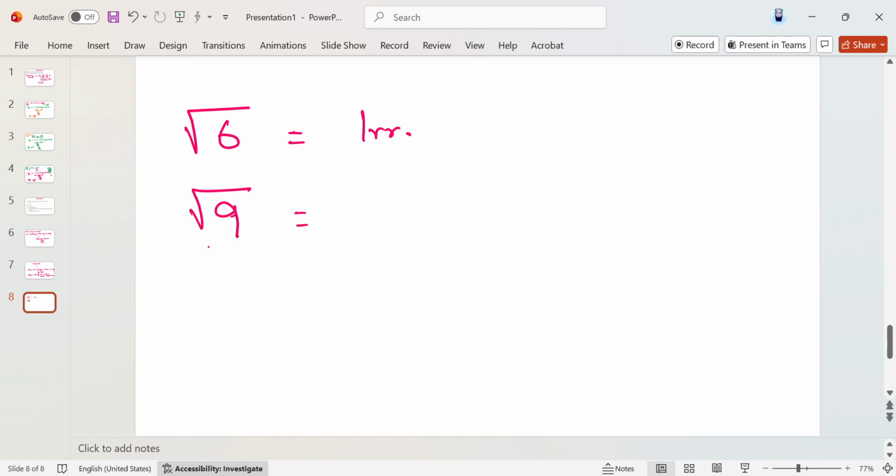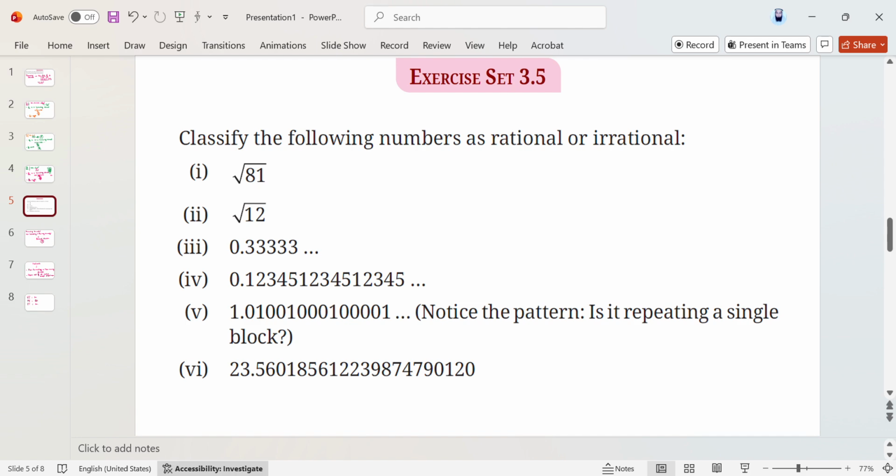Let us say root 9. Root 9 is a perfect square, so it is a rational number. Understood? And root 7 is not a perfect square and also it is a prime, so it is an irrational number, like that. Now let us go to the problem.